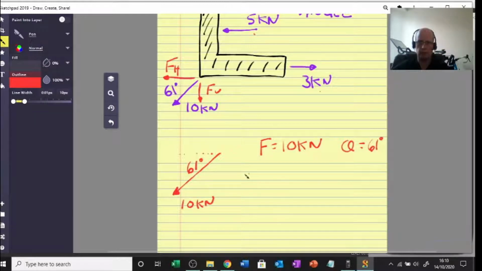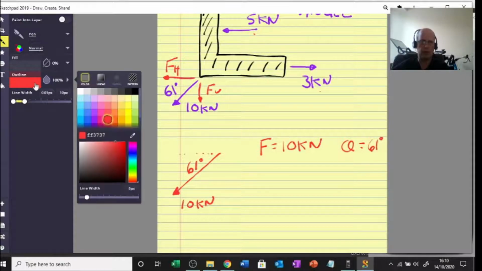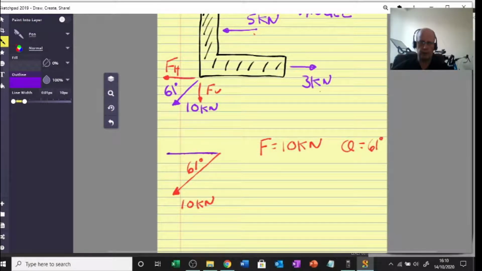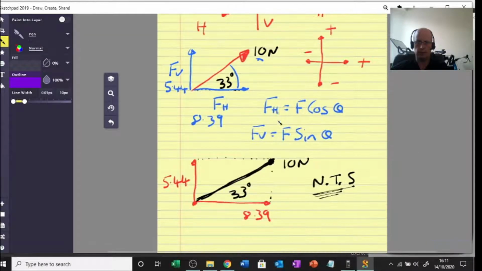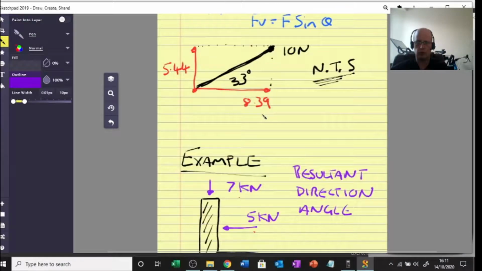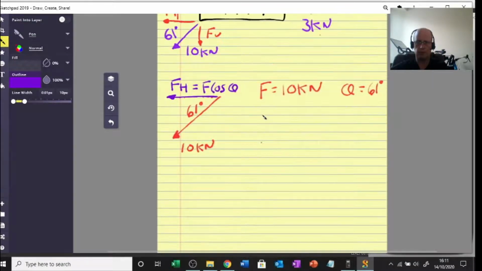That's what we use. So if I want to work out the horizontal component of that 10, I'm going to be doing this. F cos theta, horizontal, F cos. Using the way we use it.